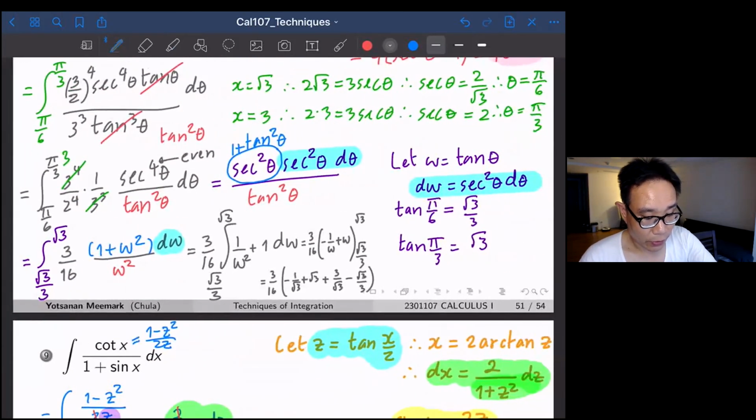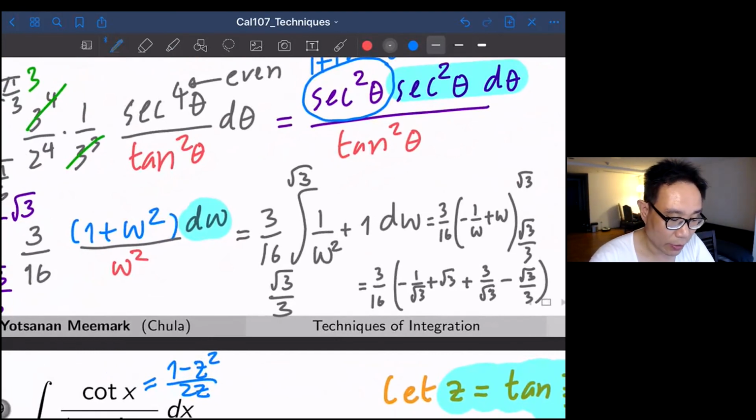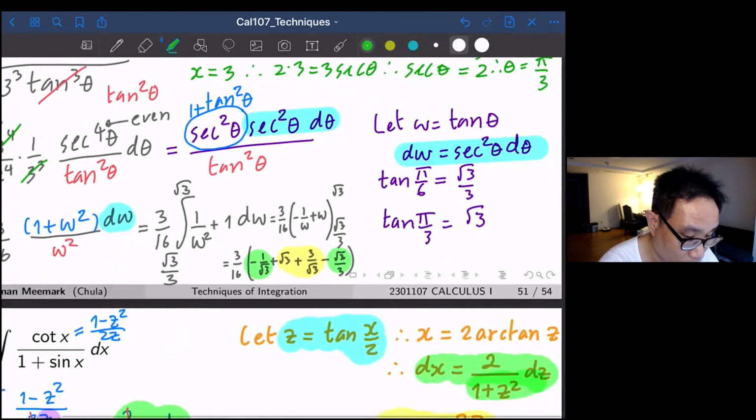So this is what you get so far, and you see that you have 3 over root 3 and root 3 that can combine, so these are identical, and negative root 3 over 3 and 1 over root 3 are identical as well. So it's going to be double.